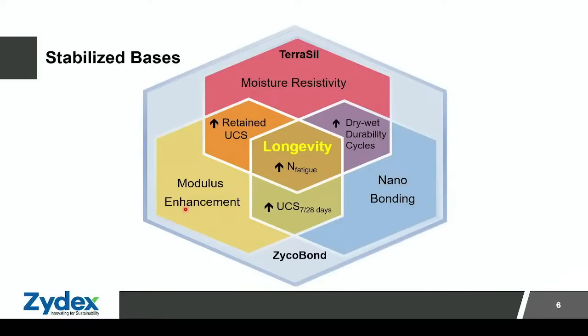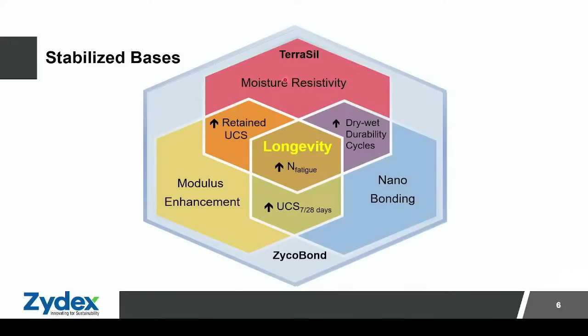The combination of modulus enhancement and nanobonding gives the basic parameter that we consider on our pavement, that is the UCS. With a typical dosage of 1 kg of our compounds, we satisfy the requirement of 4.5 MPa. The combination of moisture resistivity plus modulus enhancement gives higher retained UCS, which is the proxy for the impact of moisture.